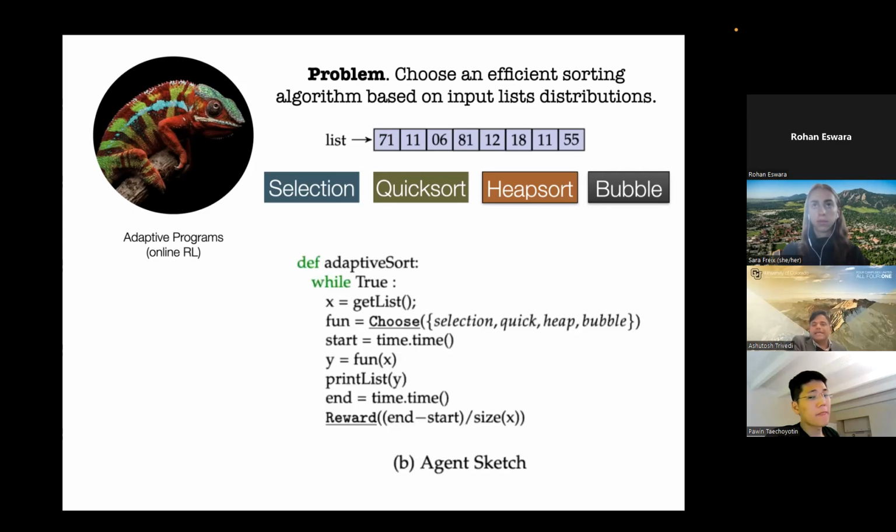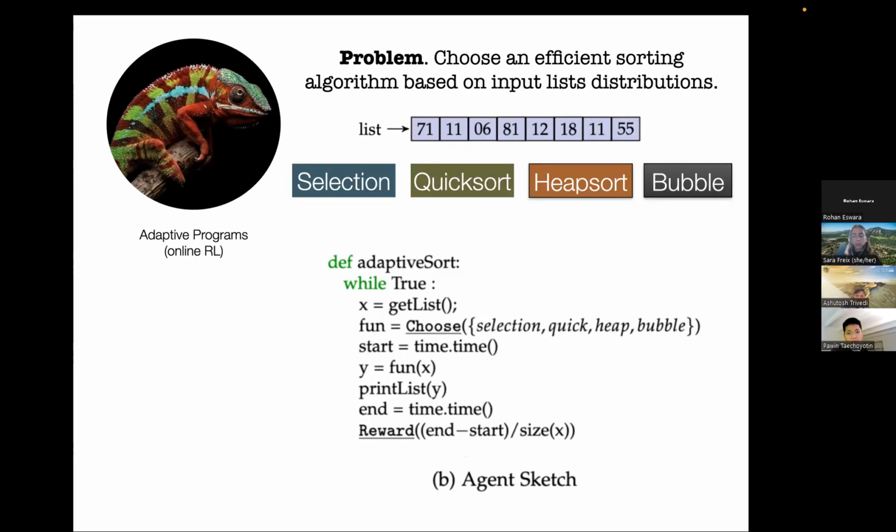Wouldn't it be nice if you could write an algorithm that continues to sort the list, and it adapts itself to the distribution of the list that it is seeing? So if you start to see more already sorted lists, it would start to move to selection sort. If you see more reverse sorted lists, it does the other way, and so on.